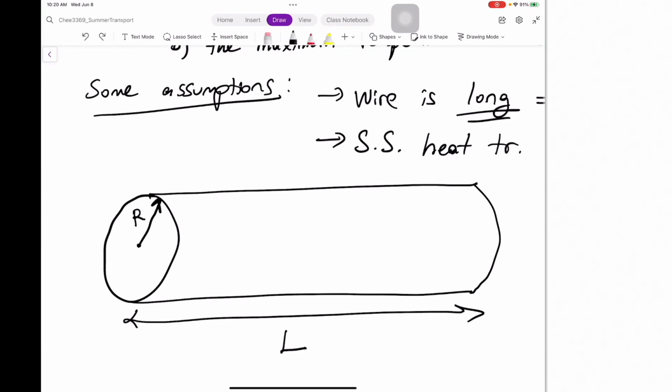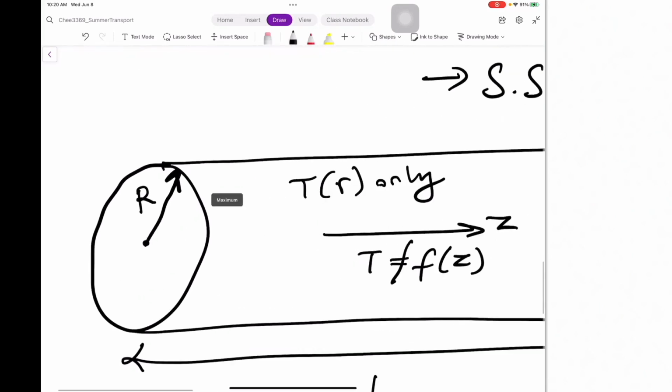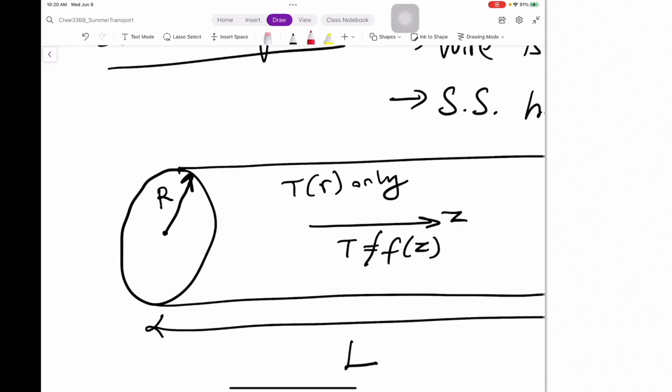You know that there is no temperature variation along the z direction, and the temperature is only a function of r only. So T does not change with z. So when you take a shell, you need to take the shell in a cylindrical manner, like this.